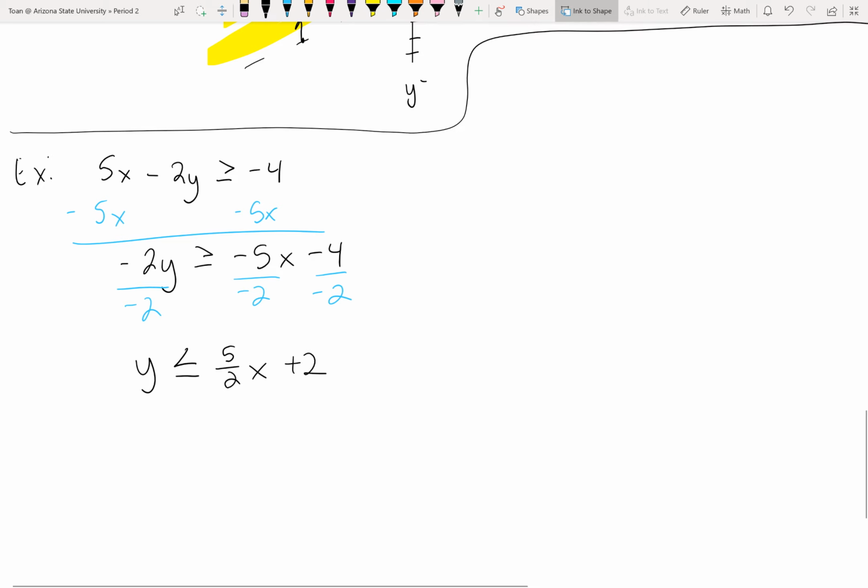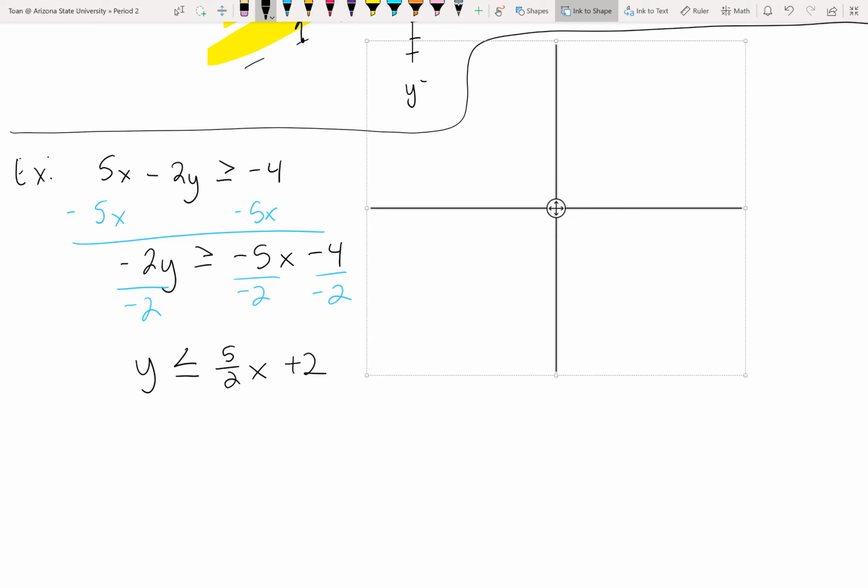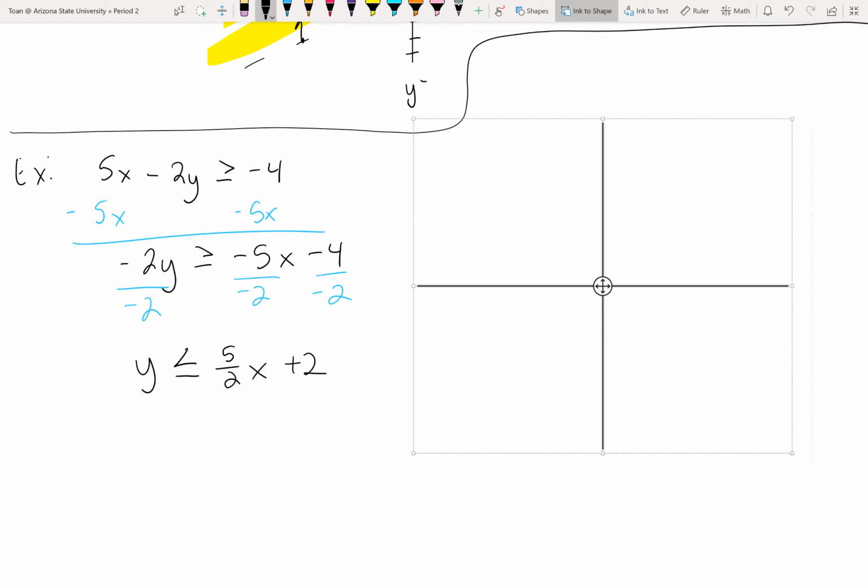So I'll go ahead and draw my coordinate system. Draw my tick marks. My y-intercept is a +2, so I start at +2, and my slope is 5/2.